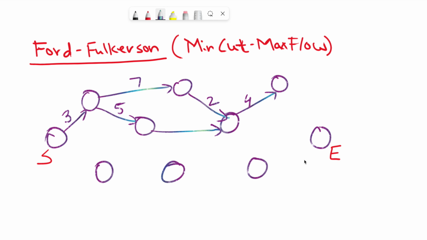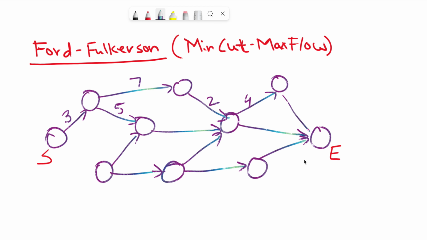And so we're just going to draw some directed edges that represent the various flows that can get us to the destination, and put some values on these. All right, so now we have a value on each of our edges.